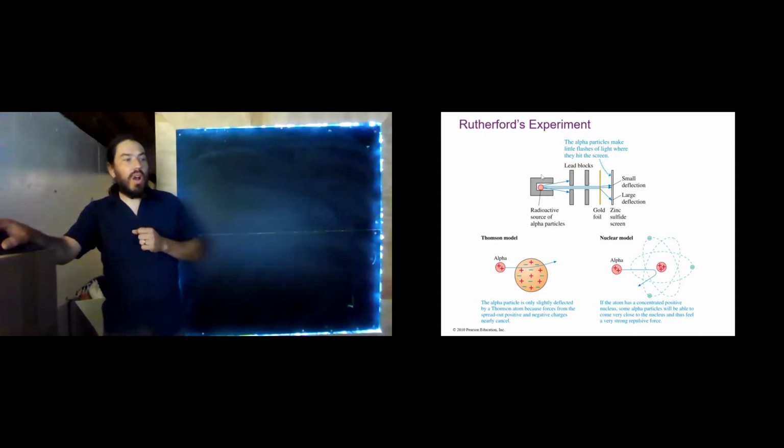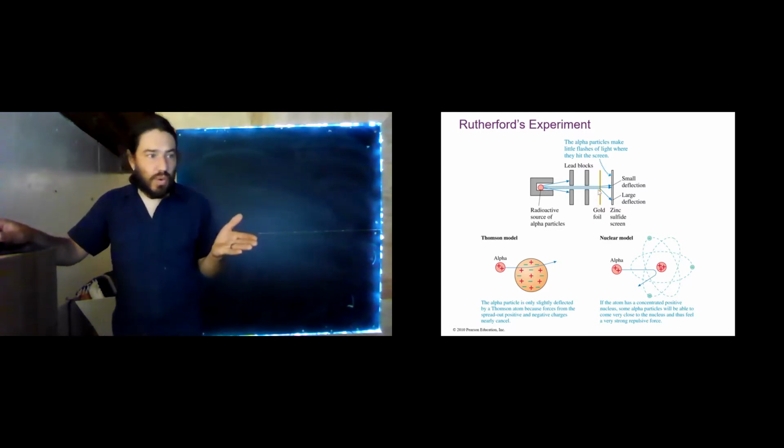So there's some radioactive source here which is shooting out these alpha particles, okay? And then we collimate the beam with some lead blocks. All that means is that any alpha particles that aren't going straight through get stopped by these lead blocks. These alpha particles fly through here, and they hit this gold foil.